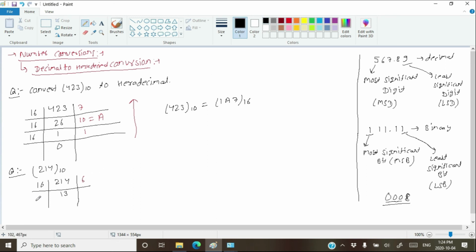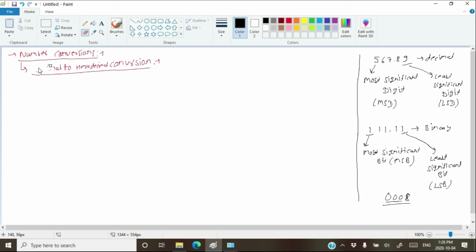Okay, then divide the latest quotient, that is 13, by 16 and you will get 0 as the quotient and 13 as the remainder. So 13 means what? 13 means D in hexadecimal. Take all these remainders from bottom to top and you will be getting the corresponding hexadecimal number. That means 214 in base 10 is equal to D6 in hexadecimal.